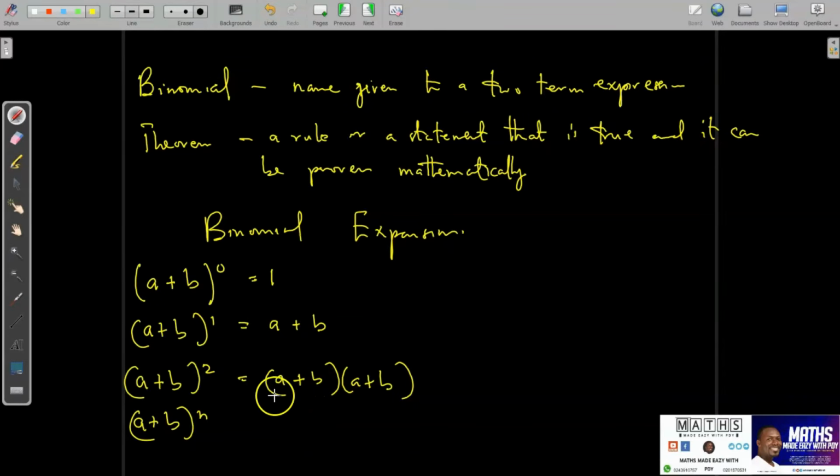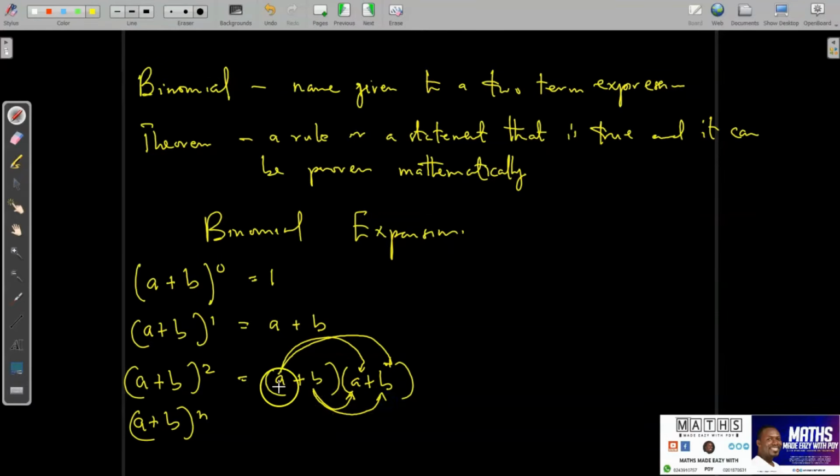Then it means you need to distribute whatever is in the first bracket over whatever is in the second bracket. What I mean is that a, the first term, will multiply a, and the same a will multiply b. Then the b will multiply a, and the b will also multiply b.